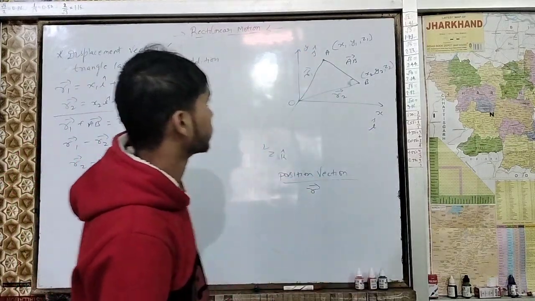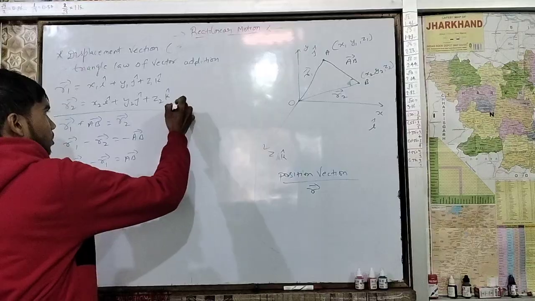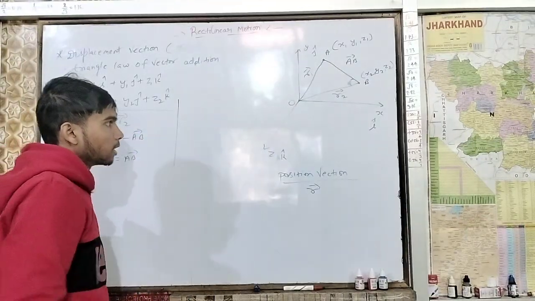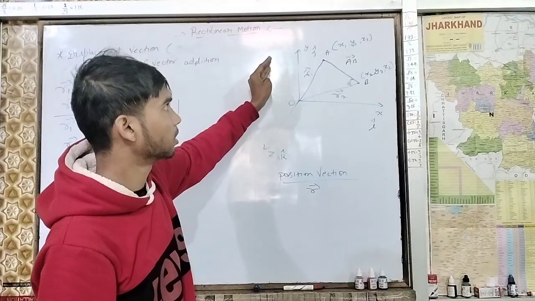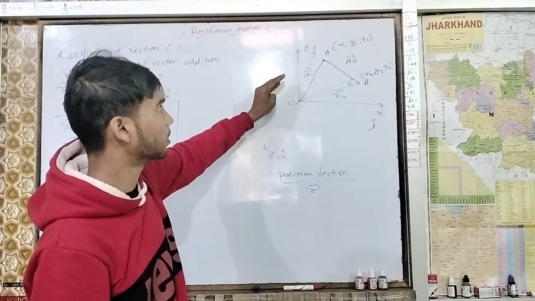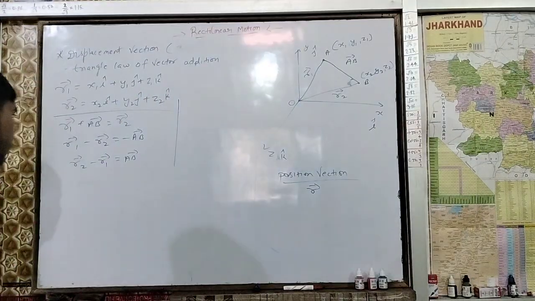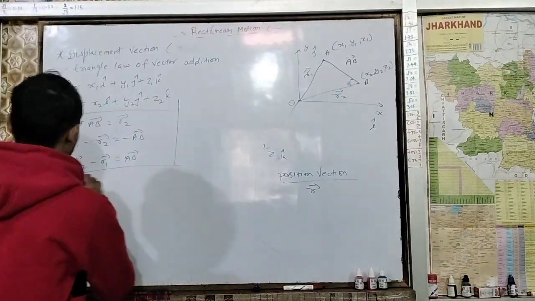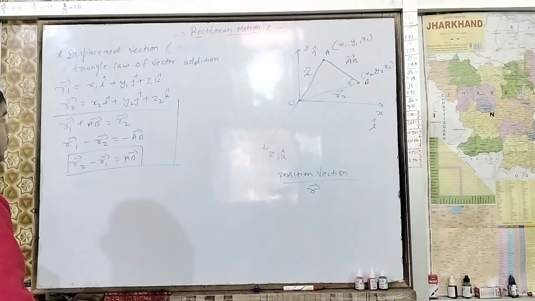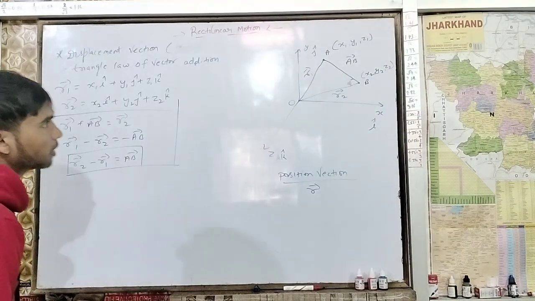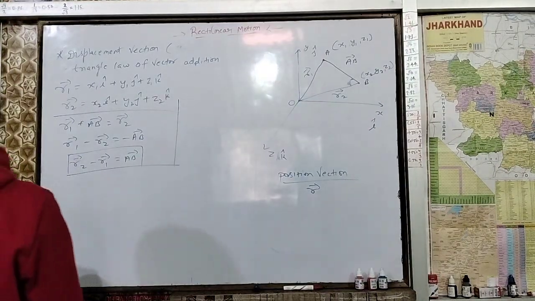We will get this displacement, and we know that displacement is calculated like this: R2 minus R1. So finally, remember this point: R2 minus R1, where R2 is our hypotenuse side.